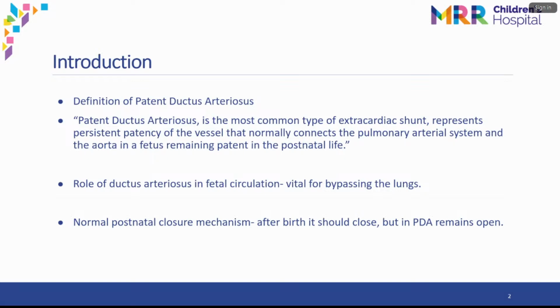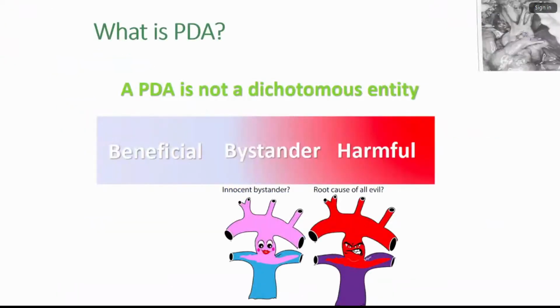It represents the patency of the vessel that normally connects the pulmonary arterial system and aorta in the fetus, remaining patent in postnatal life. The role of the ductus arteriosus in fetal circulation is vital for bypassing the lungs. In normal postnatal closure, after birth it should close on its own, but in PDA it remains open.